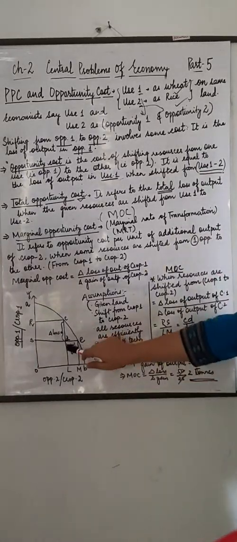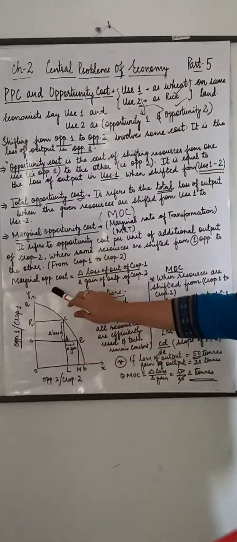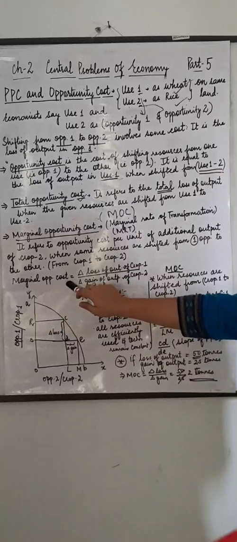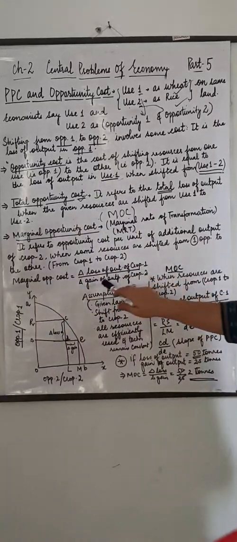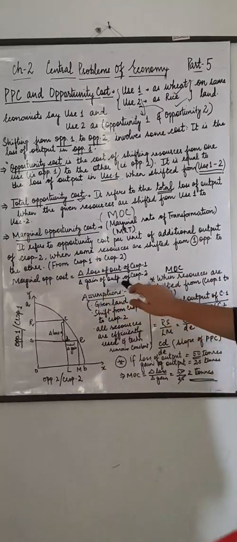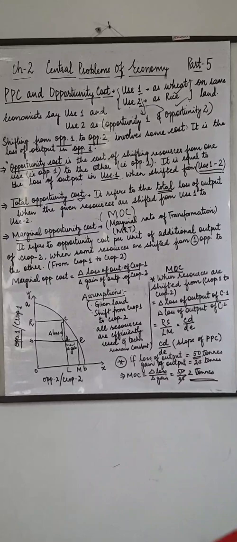Here is the graph representing this concept. Before that, the formula of marginal opportunity cost is delta loss of output of crop 1 divided by delta gain of output of crop 2. Definitely, when one is decreased, the other would increase, and the loss of opportunity 1 would be the gain of the other.